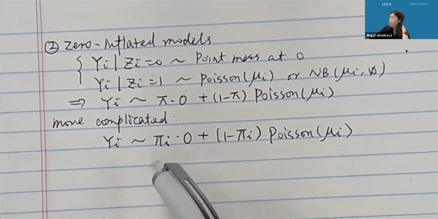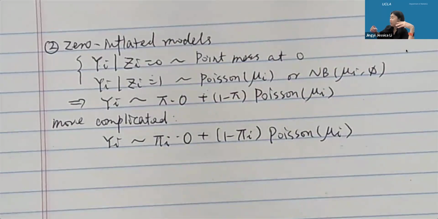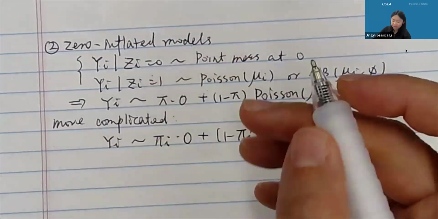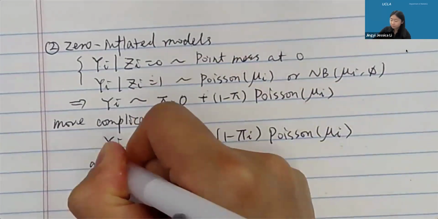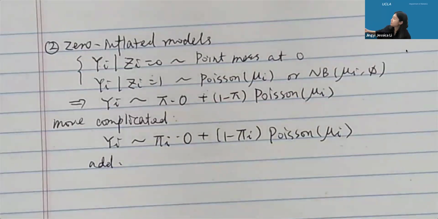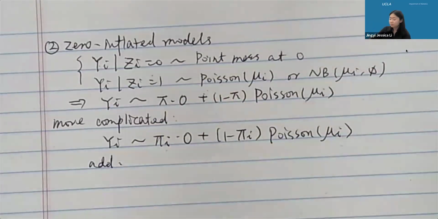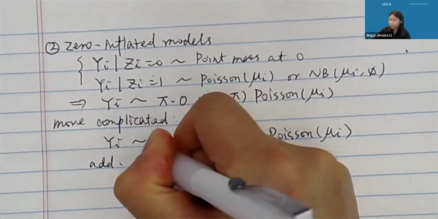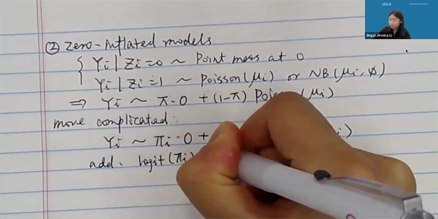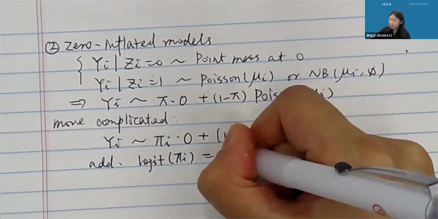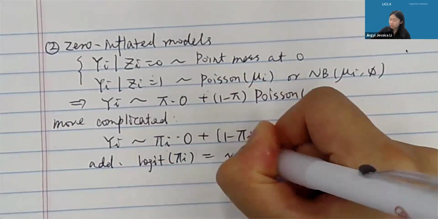Instead of having pi_1 to pi_n all free variables, we can link them together using another link function. If you do that, you need another systematic structure. Pi_i here is a 0 to 1 probability, so you will set logit(pi_i) to be x_i transpose gamma.